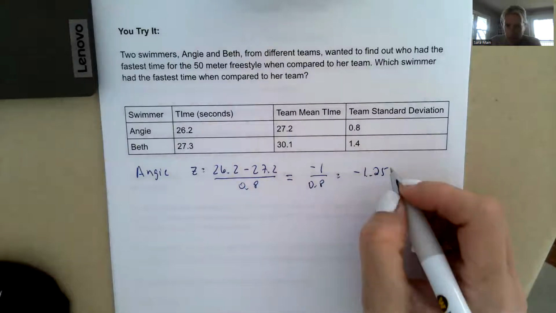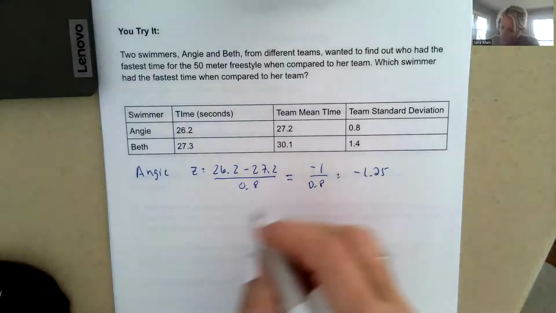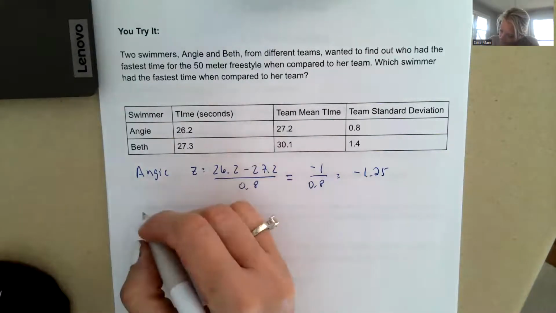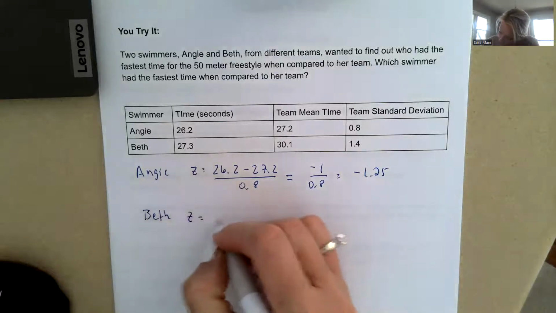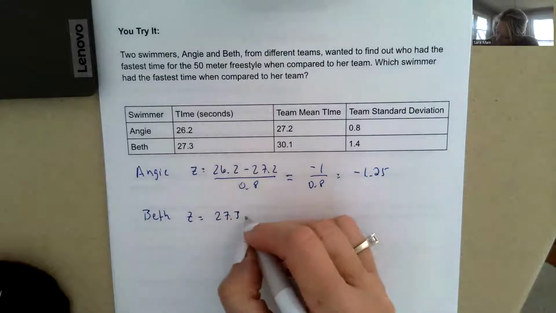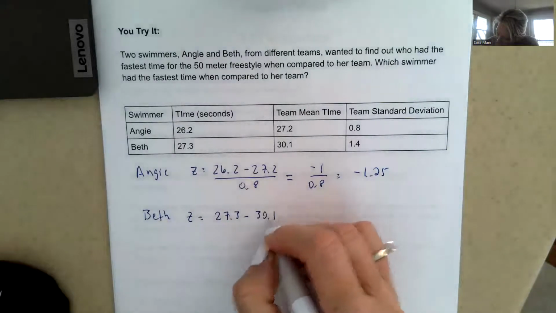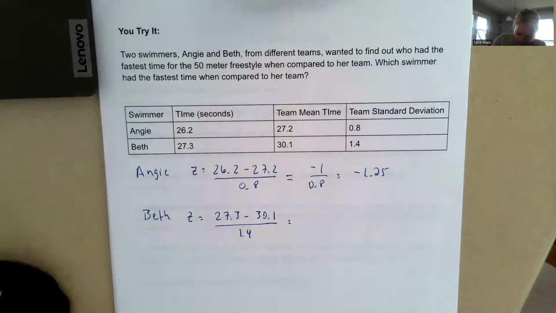So she is 1 1/4 standard deviations below the average in her team. And Beth has a z-score. Her time is faster, but compared to her team, we'll see.